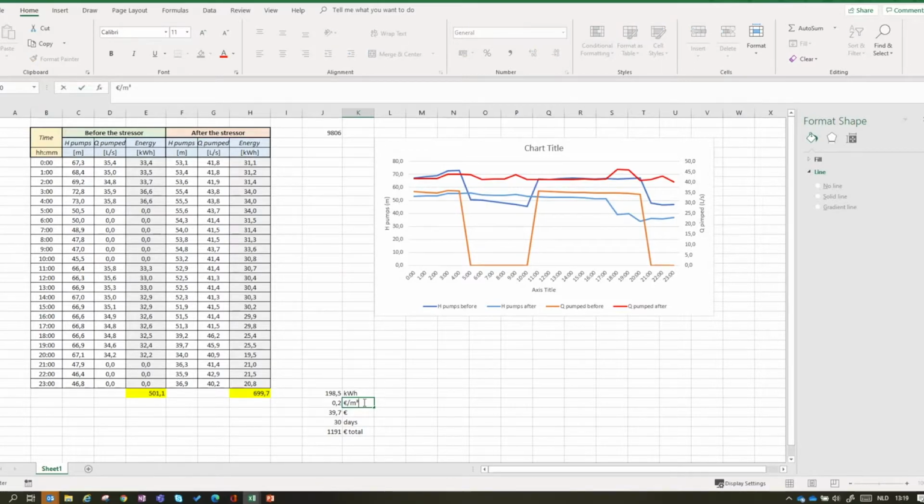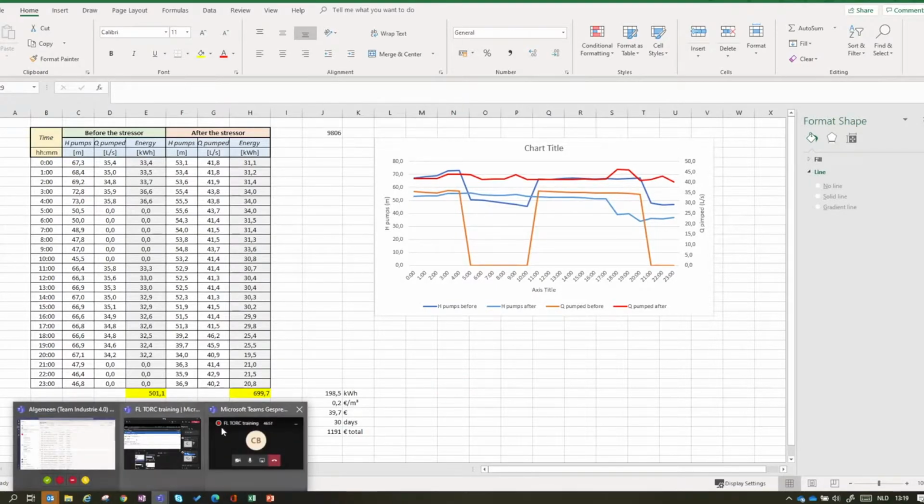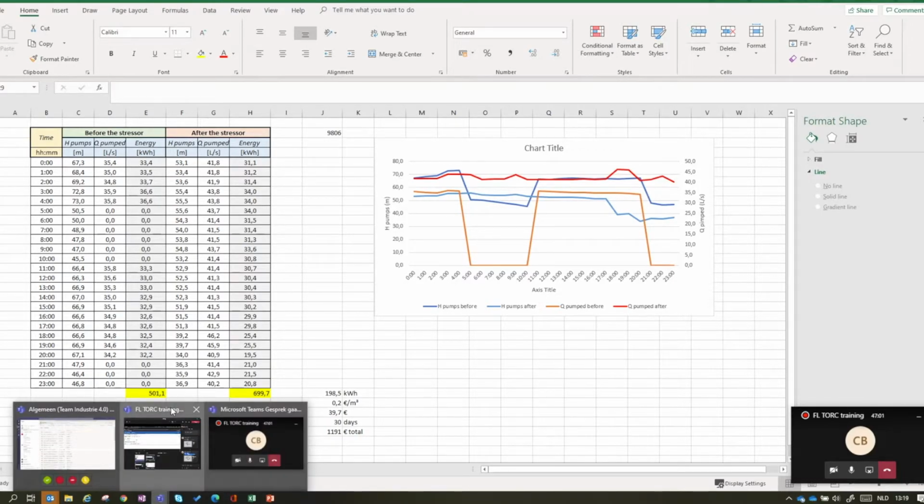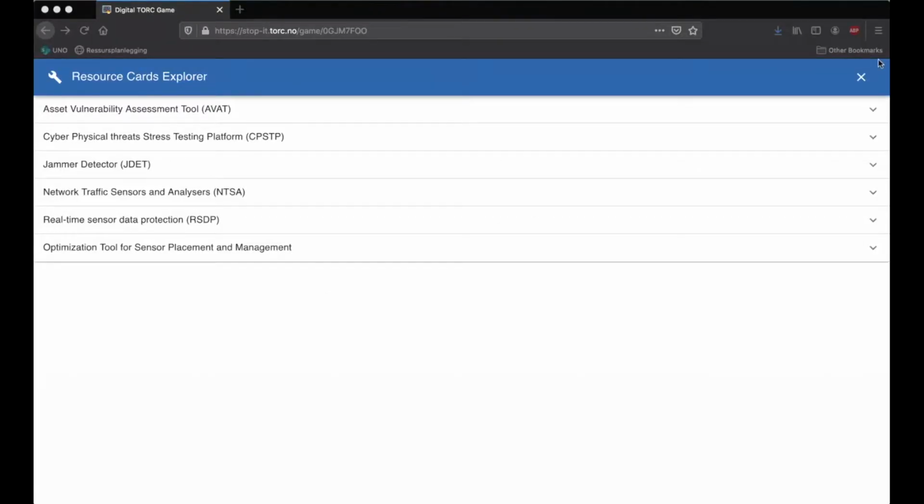As I told you, there is also some other things to assess. We can assess the impact of the unsold water by using one of the tools we have in the resource cards. And if you don't remember well, AVAT? No, because AVAT is about the vulnerability, not about a pressure-driven model that can help to compute the unmet demand.